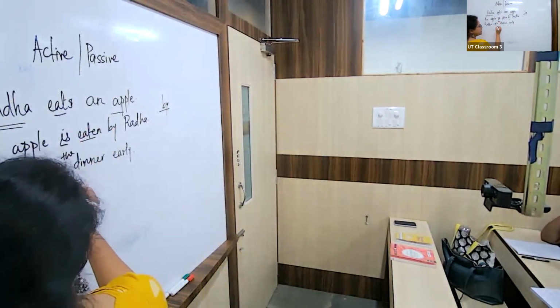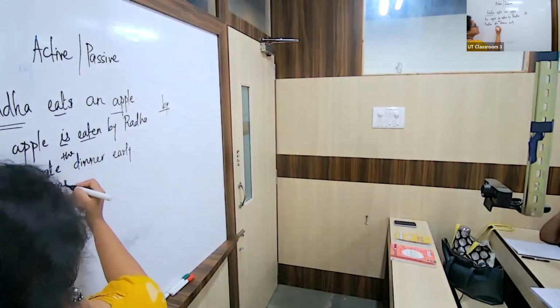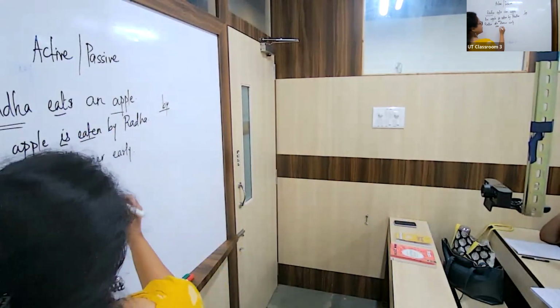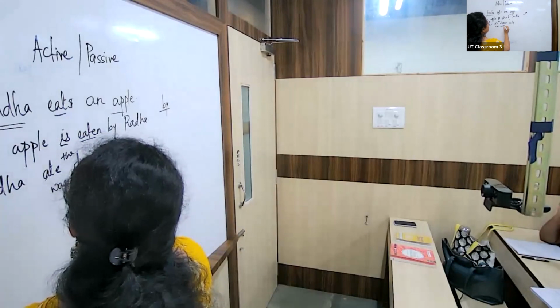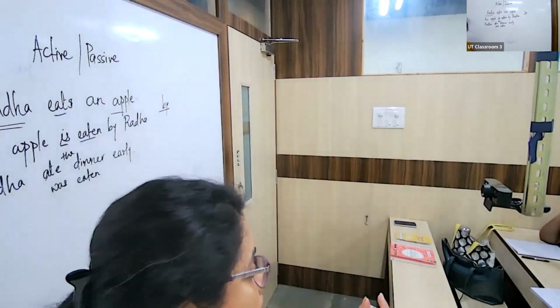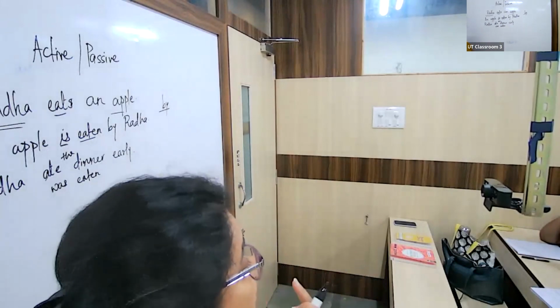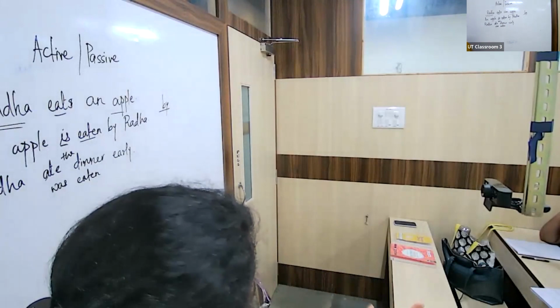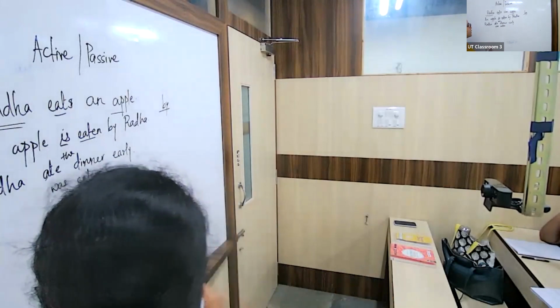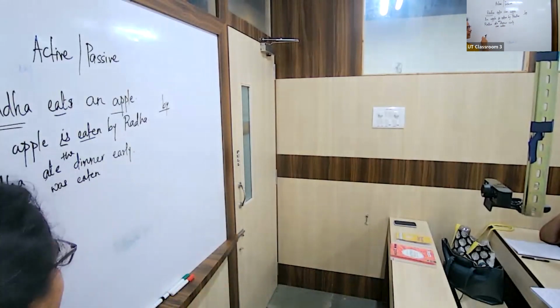Now here, when the sentence is in past tense, the dinner was eaten. ये जो past participle है ना, उसके साथ we always use a helping verb: is, are, was, were, which indicates the tense. So, dinner was eaten by Radha early.